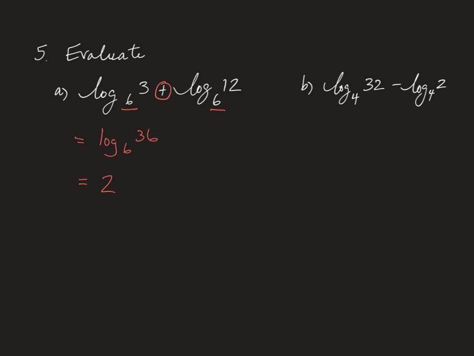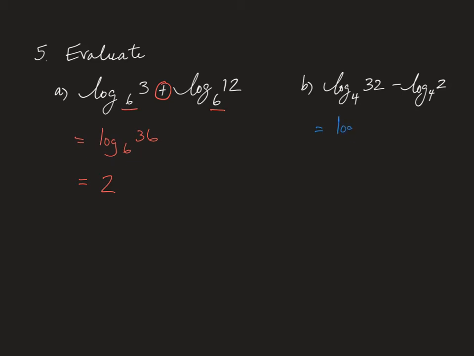Nice. You take a look at B, and I want you to notice that B would have been the combination for us of 2 more difficult problems from our introduction day. 4 to what exponent gives me 32, I can evaluate that. I could say, okay, well, 32 can be written as a power base 2, and so can 4.